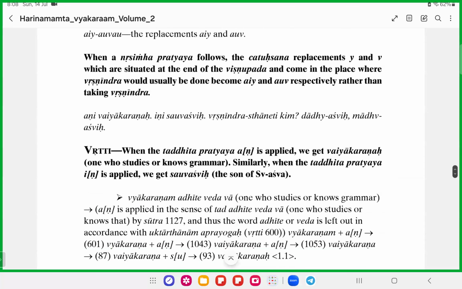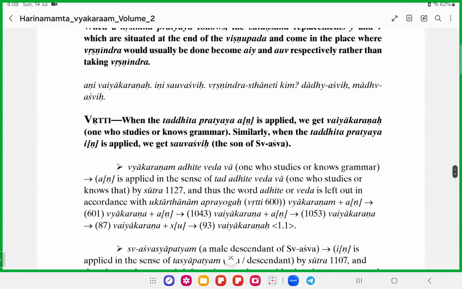For example, the word is Vyakaranam. So Vyakaranam adhite vedava, one who studies or knows grammar.